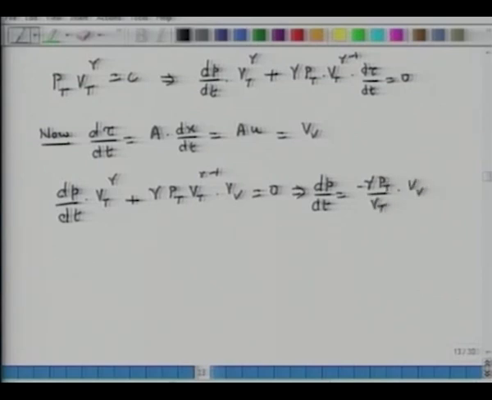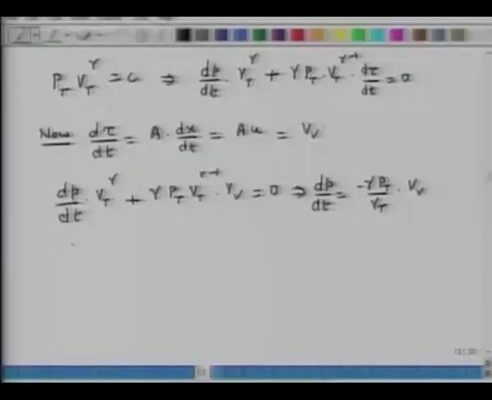Now we know that in the realm of acoustics, the fluctuations in pressure are of much lower order of magnitude than P naught. Similarly, V_T is very closely equal to V naught.